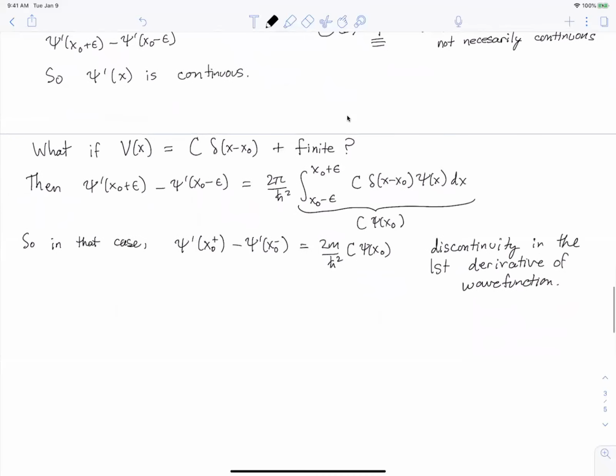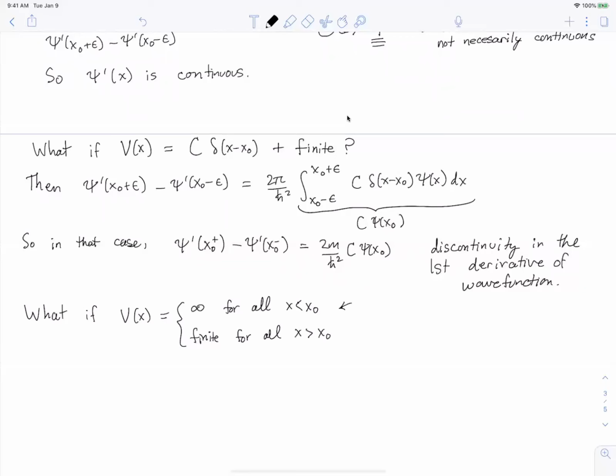So another thing that can happen is maybe you don't have a delta function, but maybe the potential is going to infinity anyway, and is infinity on one side of a boundary. So what if v of x equals infinity for all x less than x0, and it's finite for all x on the other side of the boundary, so x greater than x0.